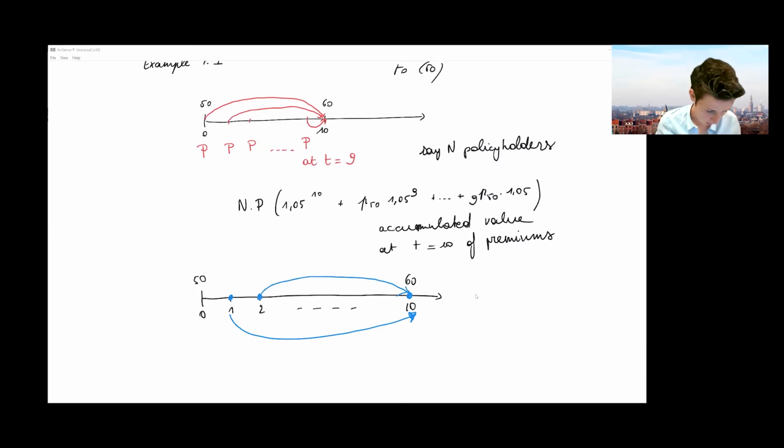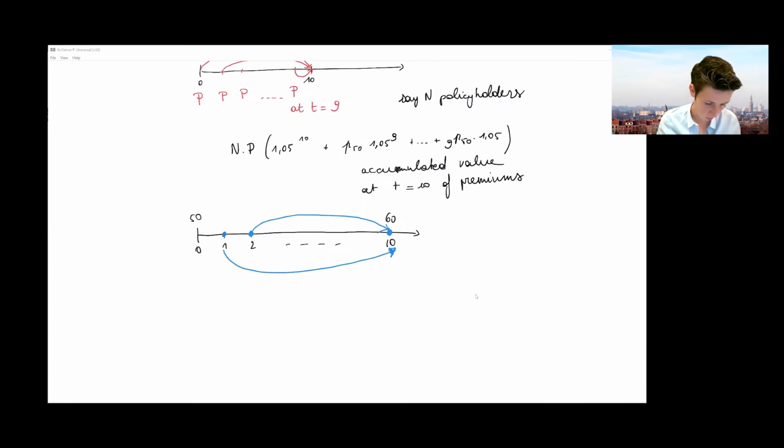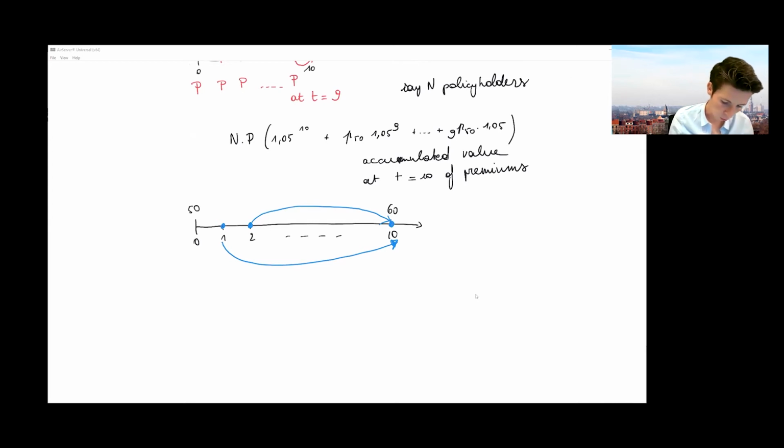So putting that all together, if I look at the accumulated value at time 10 of the benefit cash flow, then I will get 500,000 times n times Q50, because that's the probability that you will die between time 0 and time 1. So if I do n times Q50, I've got the expected number of policyholders who will die between time 0 and time 1.